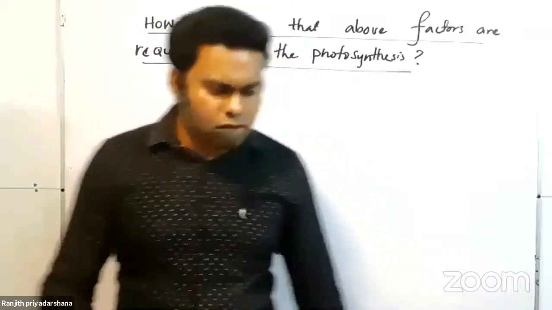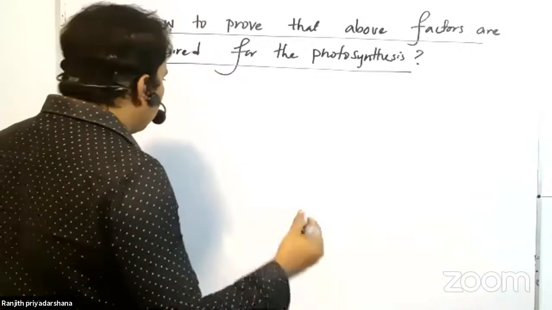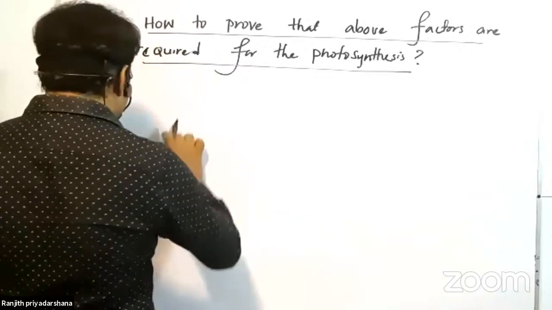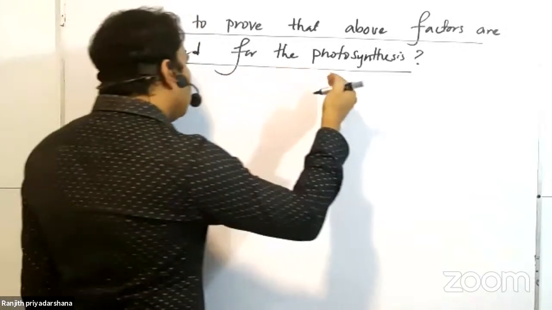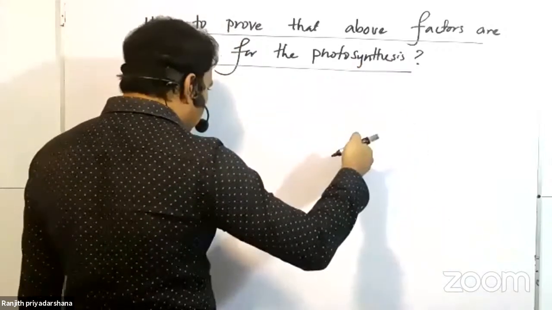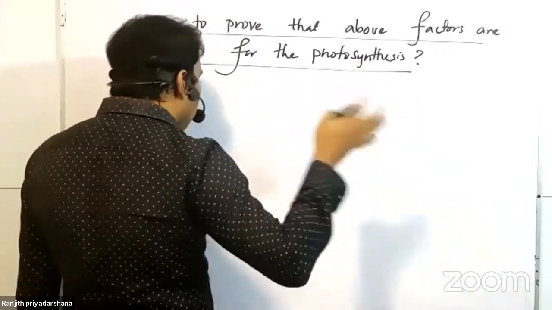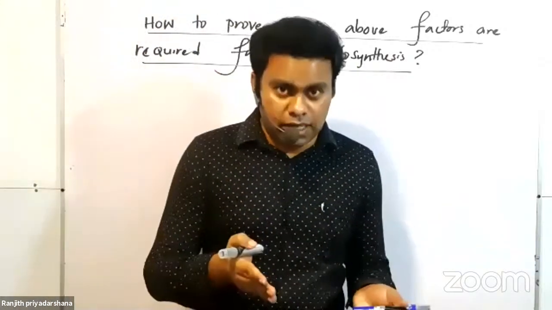Okay, look at this. How do you prove that photosynthesis has taken place? Before doing the experiment for the requirement of each of the factors for photosynthesis, we have to know that photosynthesis has taken place.